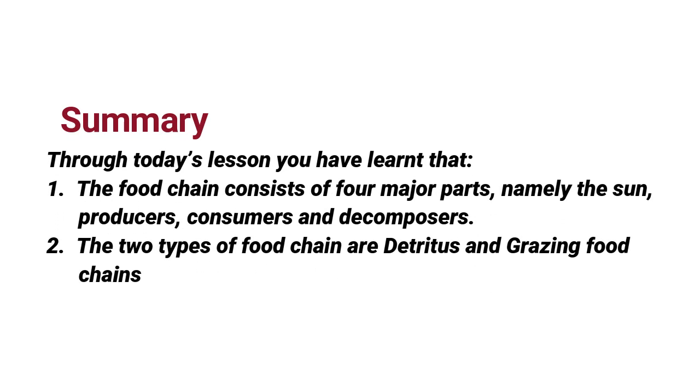Through today's lesson, you've learned that the food chain consists of 4 major parts. Namely, we have the sun, the producers, consumers, and decomposers. The 2 types of food chain are detritus and grazing food chain.